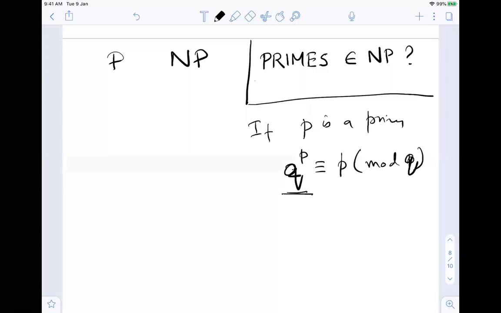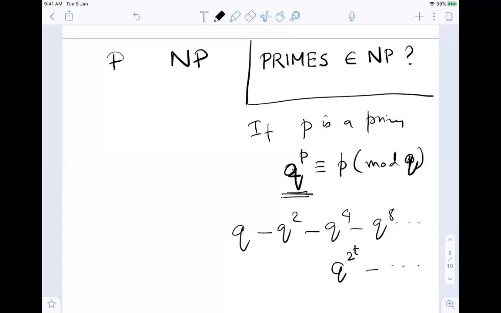Why? Because how many times do you have to multiply? q, then q squared, then q to the power 4, then q to the power 8, and so on, until we come very close to p, which is 2 to the power t, less than p, and then I do it slowly, adding 2 to the power t plus 2 to the power 8, and so on.